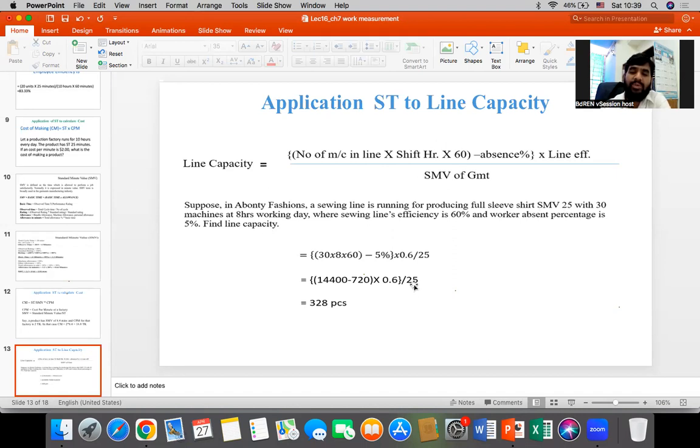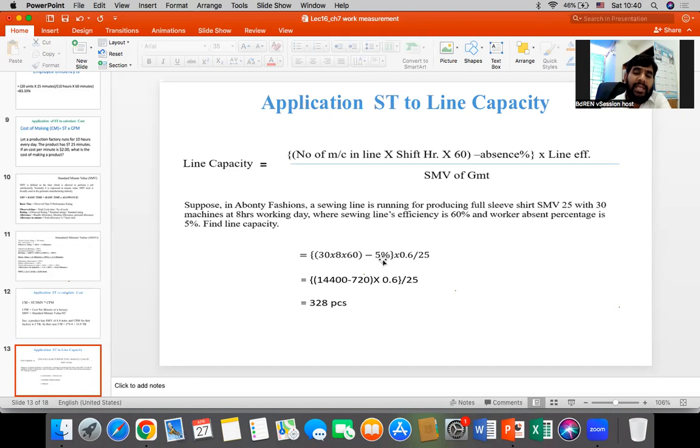So divided by 25, and the number of machines is 30. 30 machines run for 8 hours, and hours are converted into minutes. Minus 5%, that means out of this amount, 14,400 multiplied by 5% is 720.